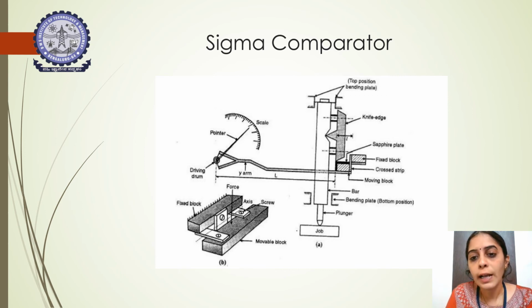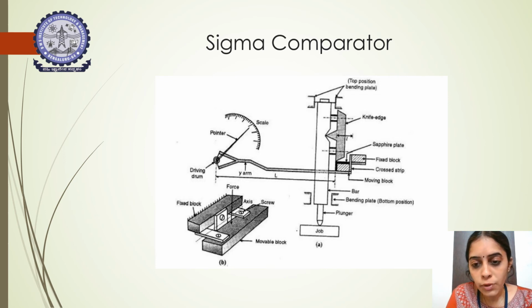The top positions are placed with again the bending plate, and here you have a dial indicator with a pointer, and this is the driving drum, and this is the arm of the moving block.